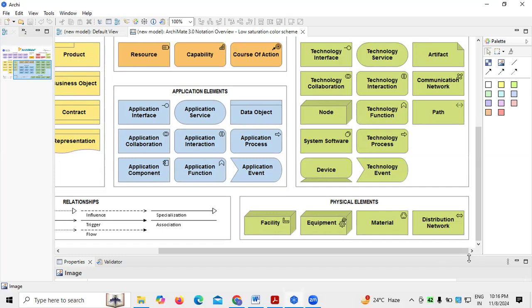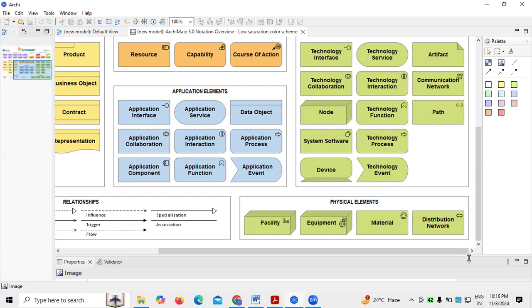Next, we need to know about the distribution network. Everything comes under this category. This is generally the enterprise architectural understanding from an enterprise architect level, right? So when you want to implement this in a larger context in the organization, these are the different elements you must know.